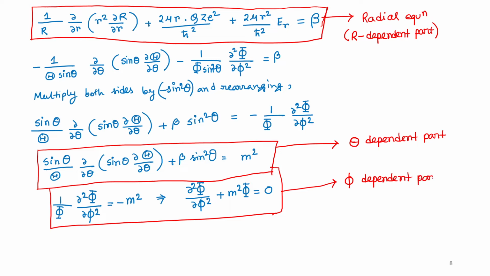So we are able to separate the variables into the spherical coordinates, that is r, theta, phi, and I will not try to solve it right now because we are already doing much mathematics till now, so we'll try to restrict ourselves to this equation.